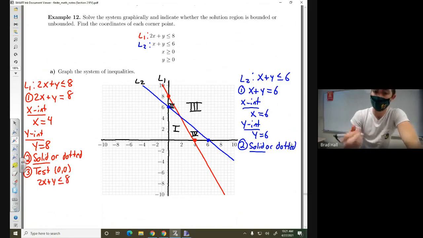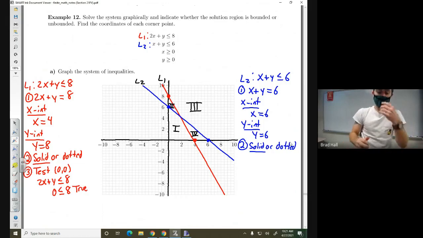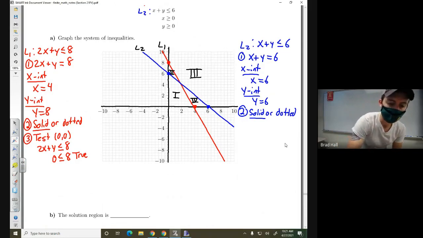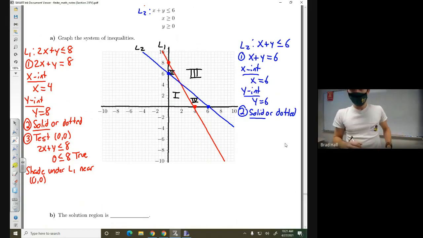If you plug in zeros for x and y, you'll get that 0 is less than or equal to 8, which is true. That's a true statement. So for the first line, we need to shade under L1 near 0, 0. So for the red line, or the first line, we need to shade underneath it.